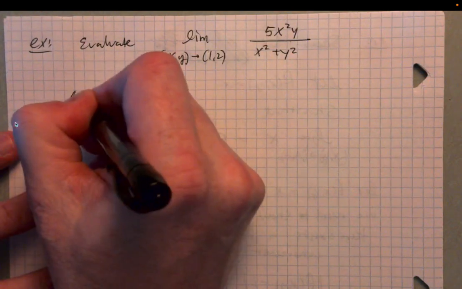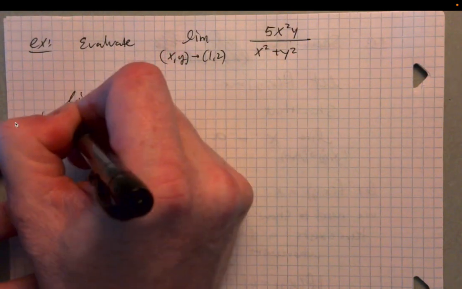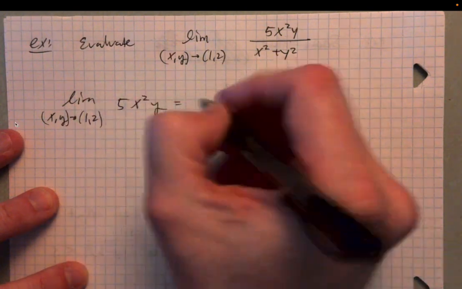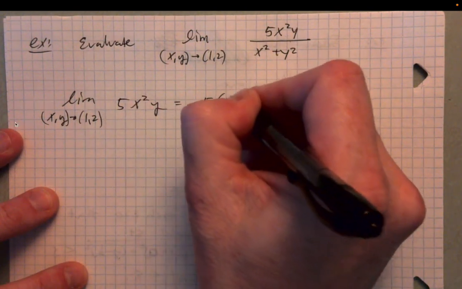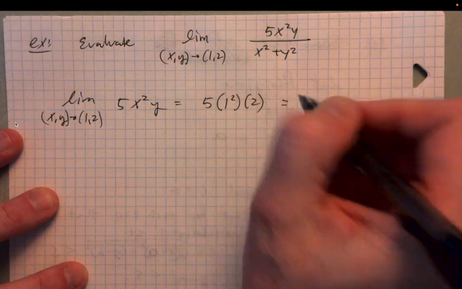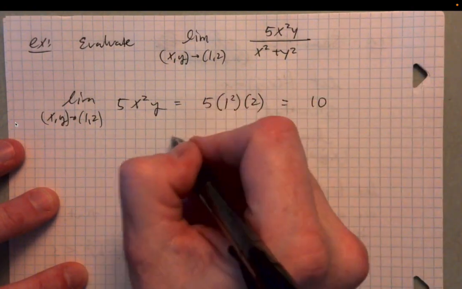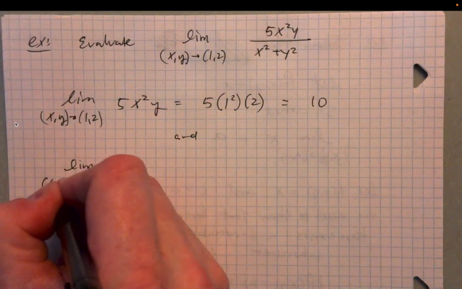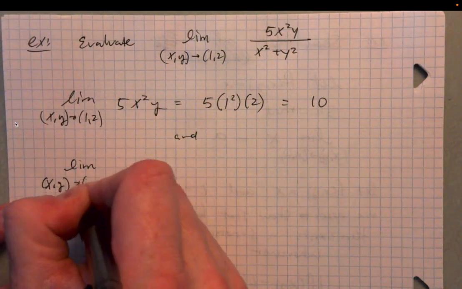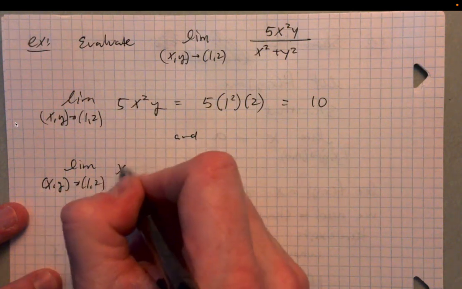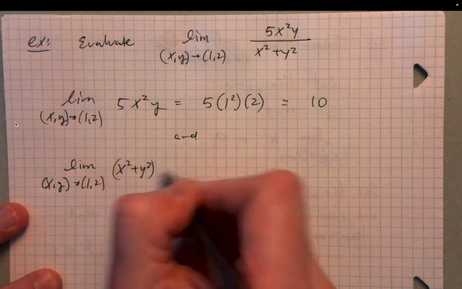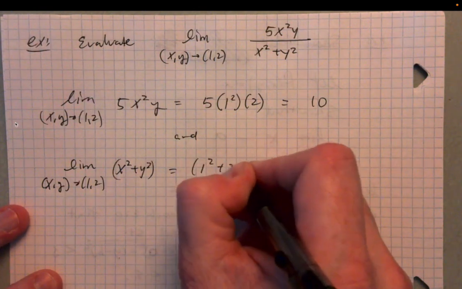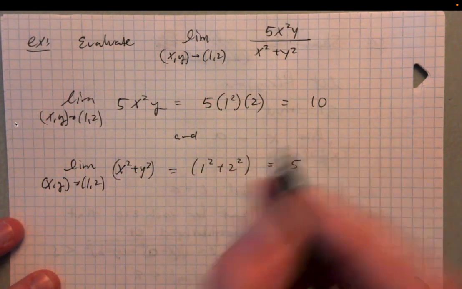So the limit as (x,y) approaches (1,2) of 5x squared y is just 5 times 1 squared times 2, which is 10. And the limit as (x,y) approaches (1,2) of x squared plus y squared is equal to 1 squared plus 2 squared, which is equal to 5.